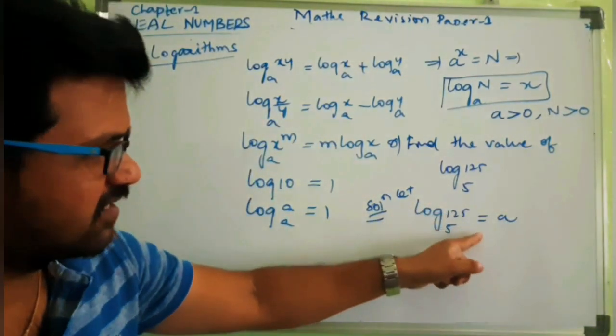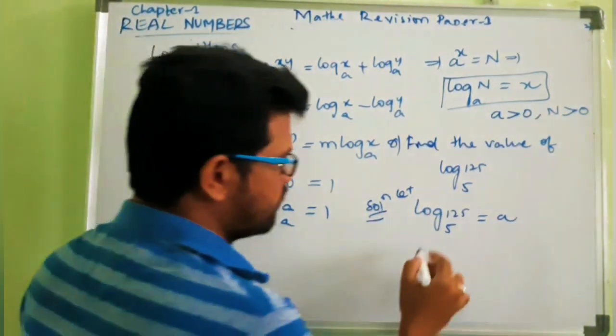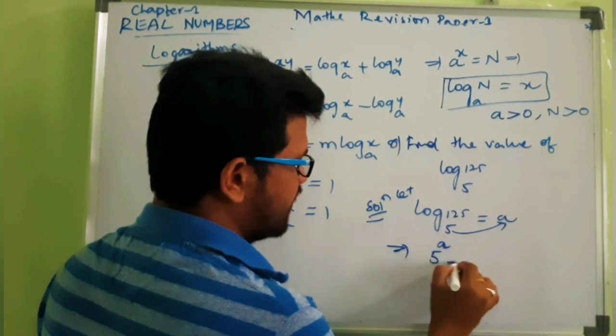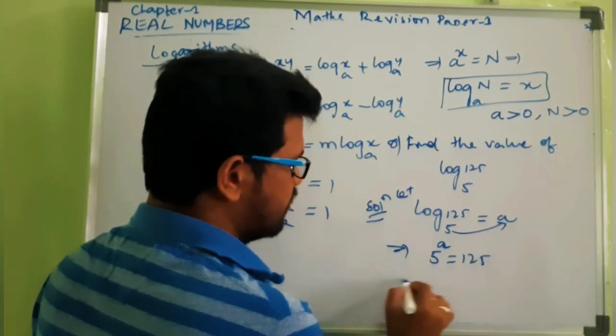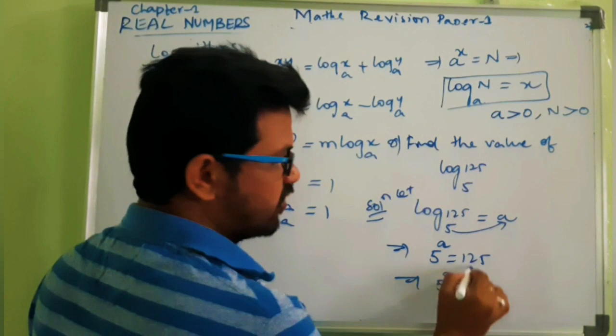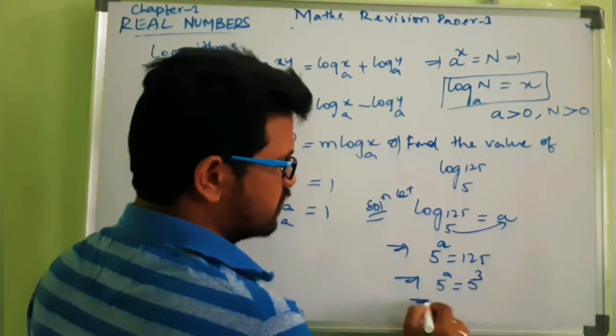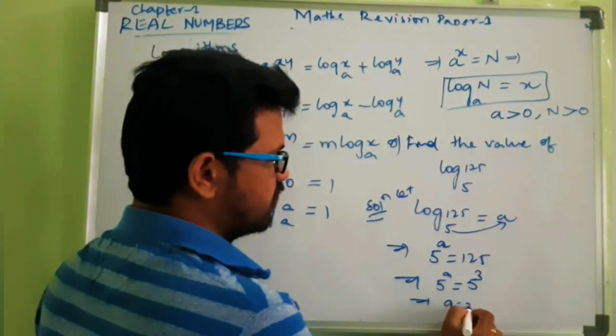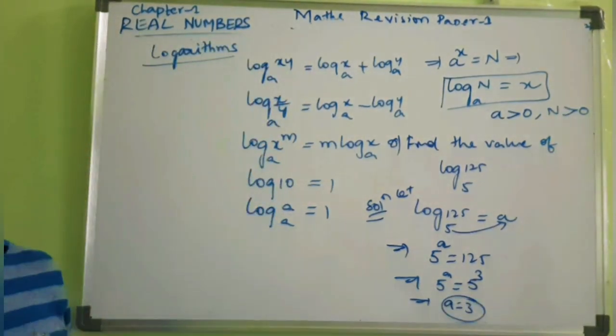Now this is logarithmic form, convert into exponential form. 5 to the power of a is equal to 125. So 125 we can write as 5 cube. So both sides bases are same, so equate the powers. a is equal to 3.